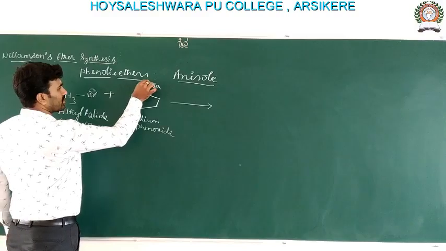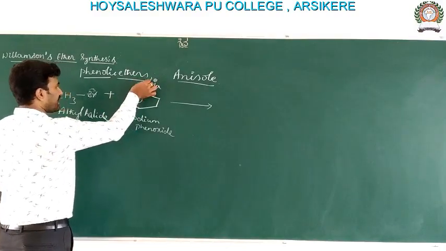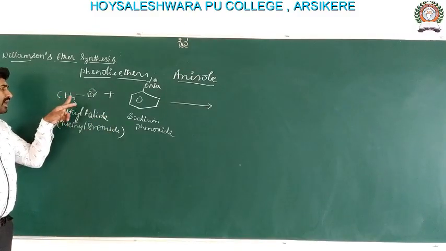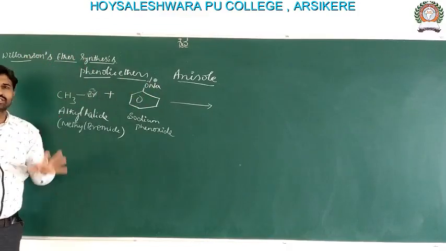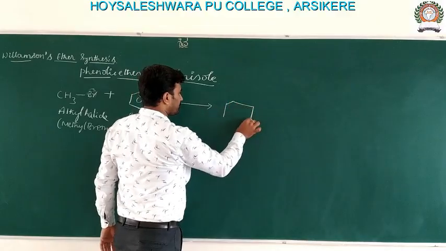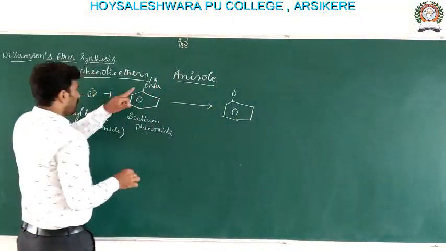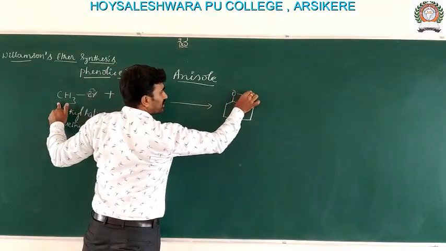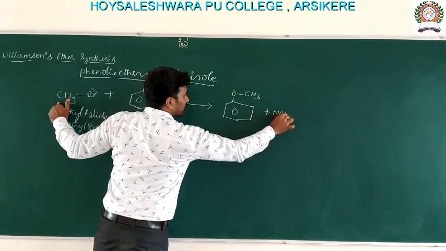See here, O minus and Na plus. The phenoxide ion attacks this electrophilic carbon and bromide leaves, combining with Na plus to form NaBr. The O minus attacks the methyl carbon atom to form the C6H5-O-CH3 plus NaBr.